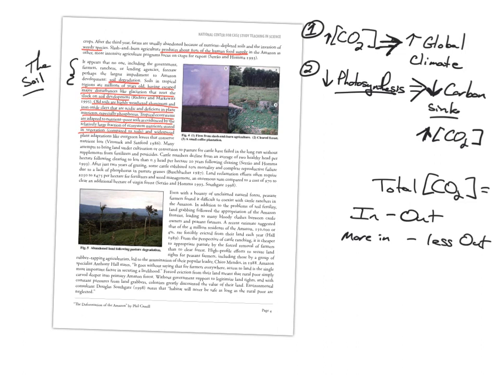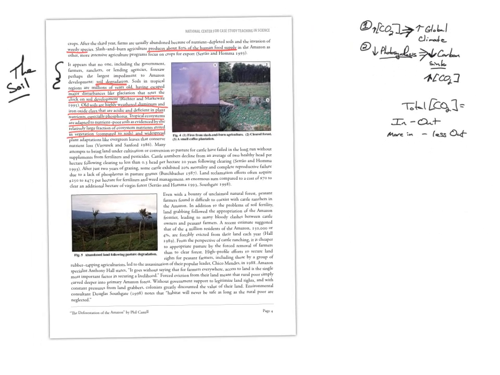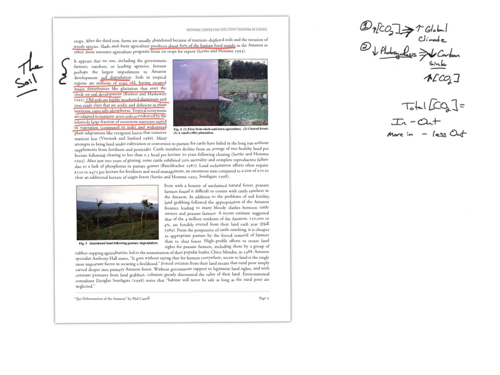So soil degradation is another issue with the rainforest, and we'll talk more about it today in class. The soil in the Amazon rainforest and any kind of tropical rainforest is millions of years old. There are consequences to that.